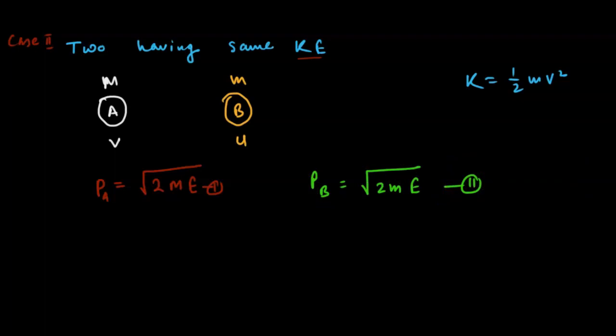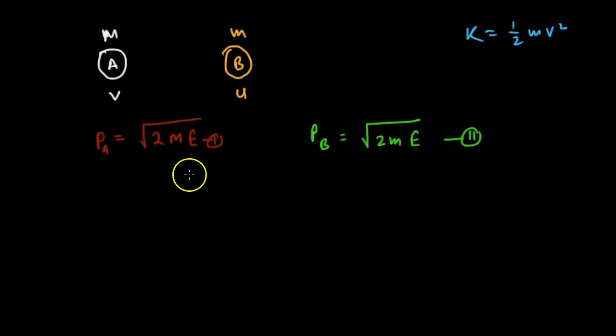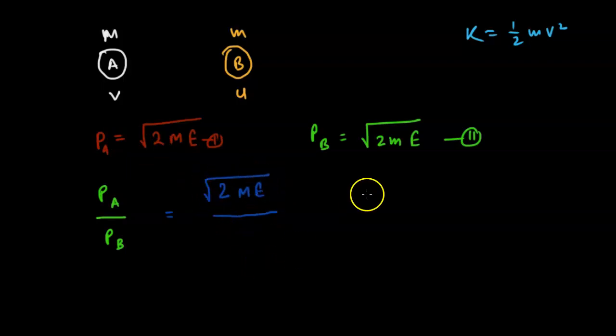Now we are dividing equation 1 by equation 2. So PA upon PB. What will happen? Now see this one. We can write PA, we know it is root 2 capital M E, and under root 2 small m E. Now we can cancel this E and this will remain root over M upon small m.